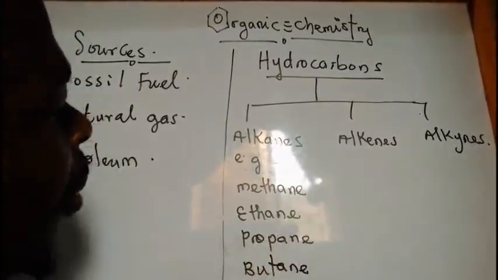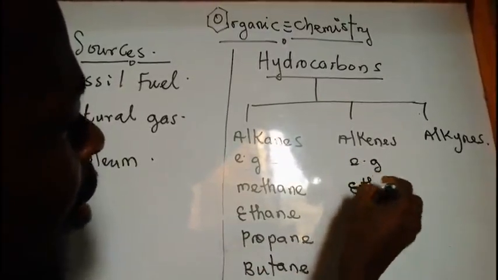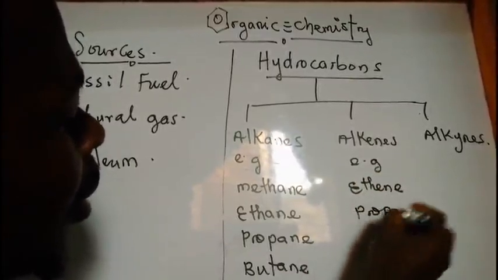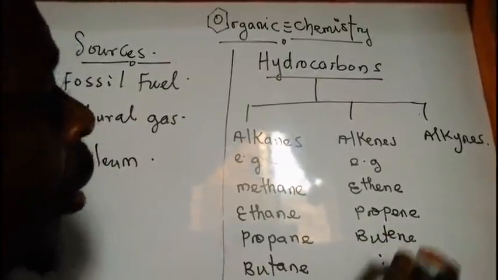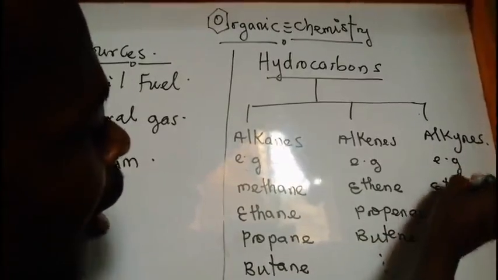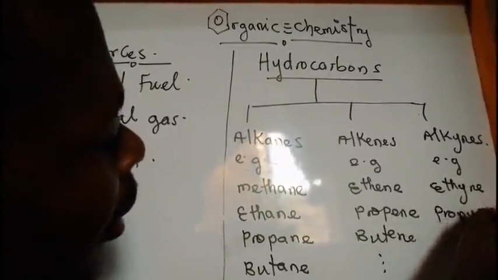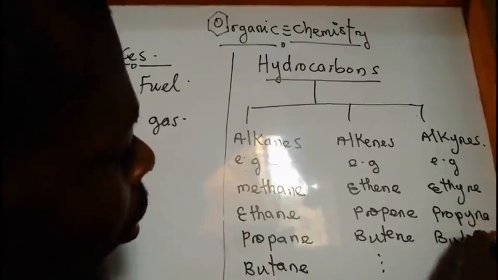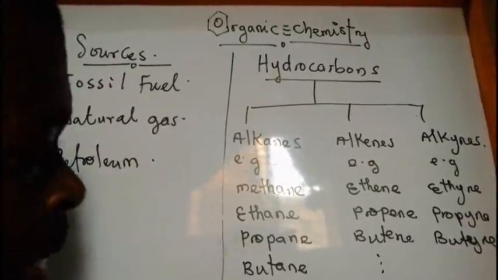Under alkene, we have substances like ethene, right, propene, butene, and so on and so forth. And under alkyne, we'll be talking about things like ethyne, right, propyne, and then maybe butyne, and so on and so forth. So here are some examples of hydrocarbons and how they exist in nature.